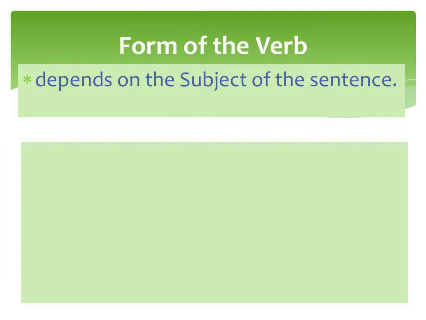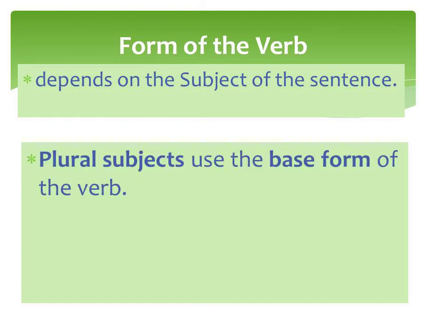The form of the verb also depends on the subject of the sentence. So meron tayong form sa pagsulat ng present simple tense. At ito ay nakadepende sa subject nung sentence.